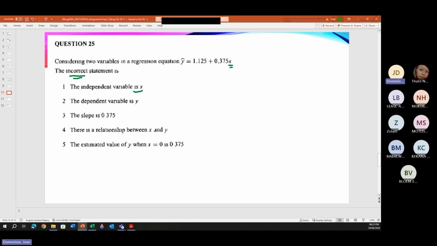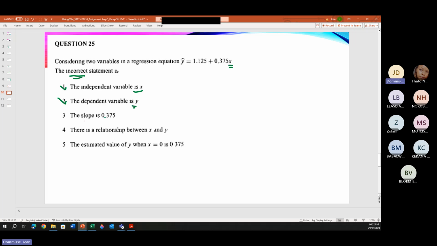So that is always the case if a formula is set like this. The independent variable is linked to the slope. The dependent variable is the one that you are working out. So the y is the dependent variable. So those two are nearly always x independent, y is your dependent variable.